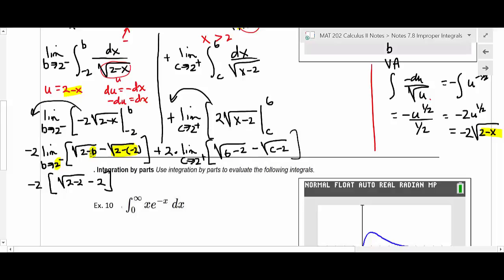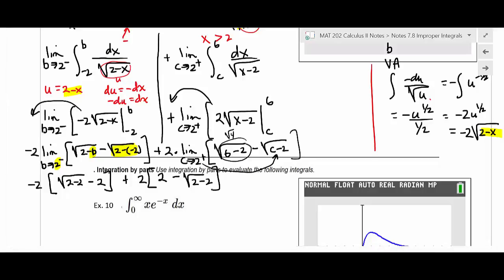So now I move to the next part right here. I'm going to have plus 2, and then I'm going to do the same thing. That is 6 minus 2, so that thing right there is the square root of 4. So that's going to be a 2. Then I'm going to plug the 2 in right here, so that's going to be minus the square root of 2 minus 2. Everybody with me on what I'm doing there? I'm doing some simple arithmetic in my head.